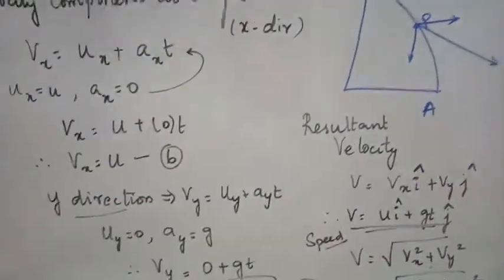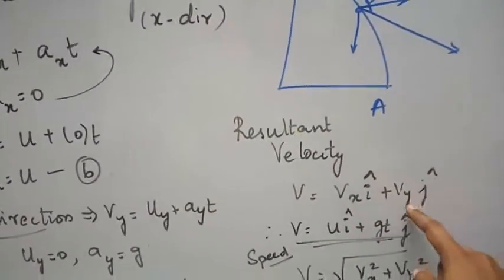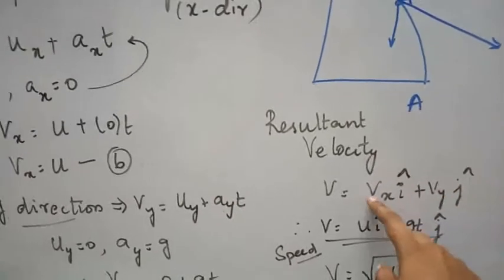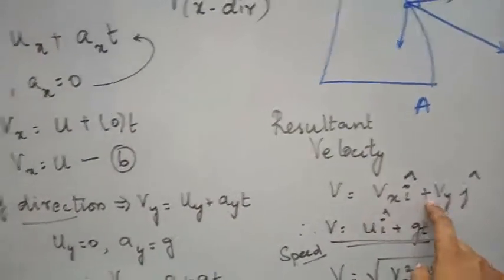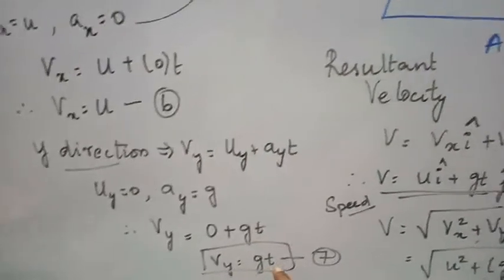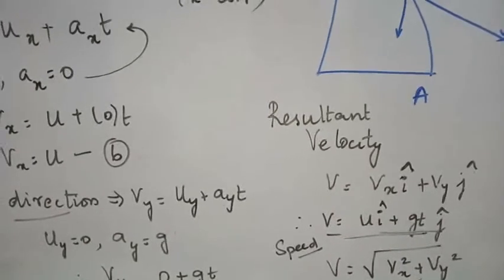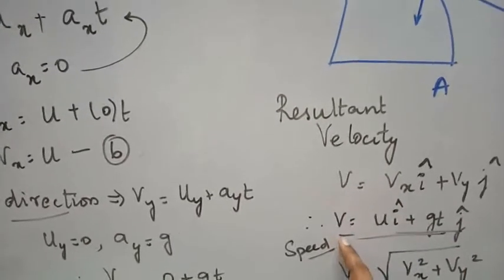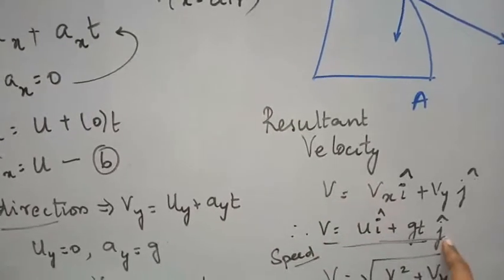Then the velocity should be written as x value into i cap plus y value into j cap, isn't it? So what is x value? It is u. So u into i cap plus what is y value? It is gt. So gt into j cap. This is my velocity v. Velocity is a vector quantity with representation like this.